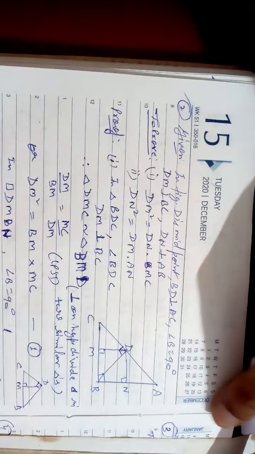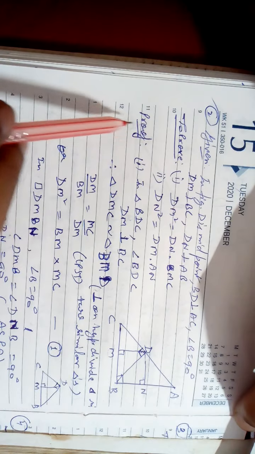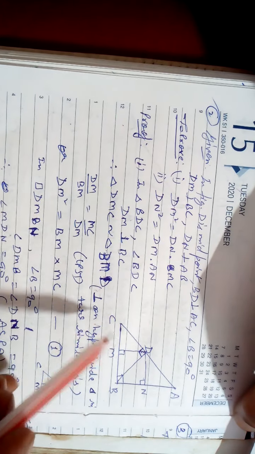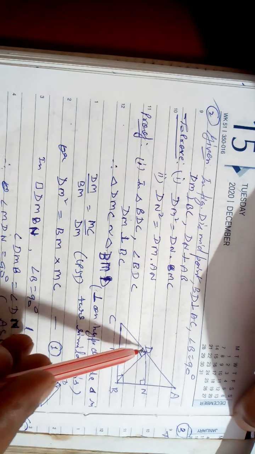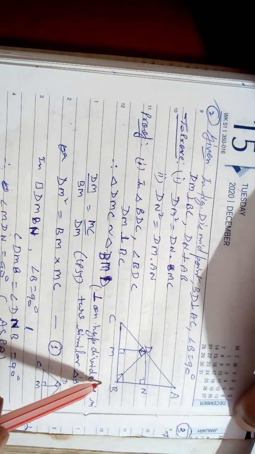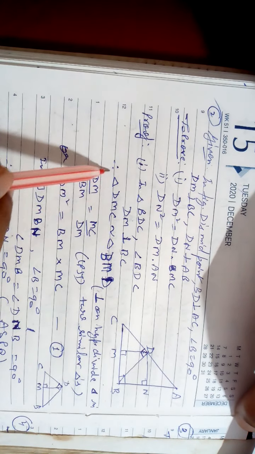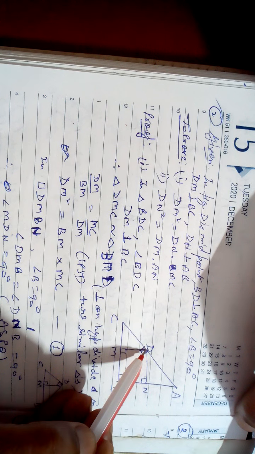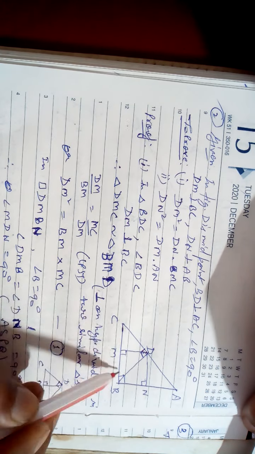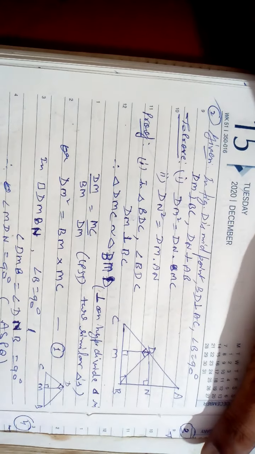Very simple. First of all, you will see in the figure, in triangle ABC, it is 90 degrees. Given to prove, you write proof: in triangle BDC, DM is perpendicular to BC. Angle BDC is 90 because it is given. So, a perpendicular from the right-angle vertex to the hypotenuse divides the triangle into similar triangles, which you have already proved in the previous exercise.